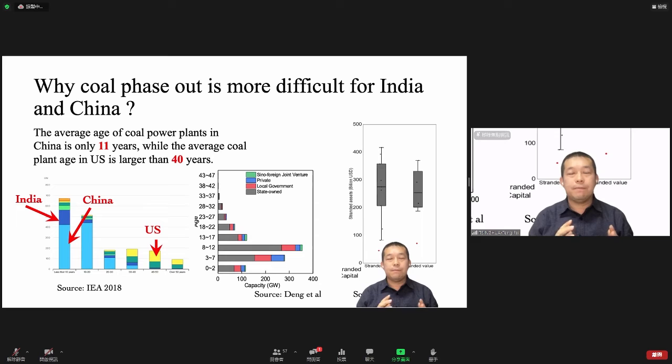And because the power plants in China and India are much younger, the stranded assets are much bigger for those two countries, accounting for almost 90% of the global stranded assets and amounting to more than $1 trillion. That is basically another reason why China and India insist on phase down instead of phase out.